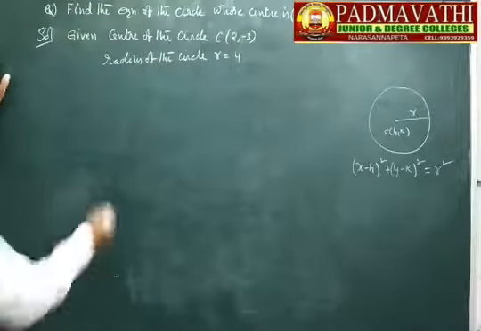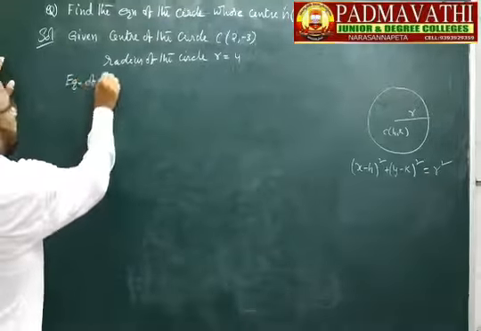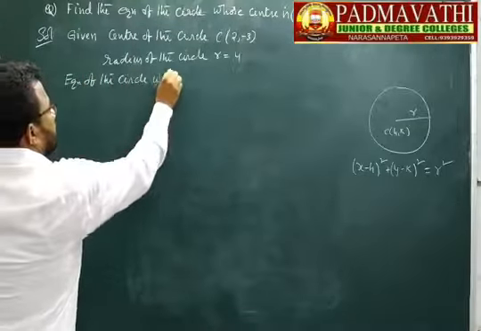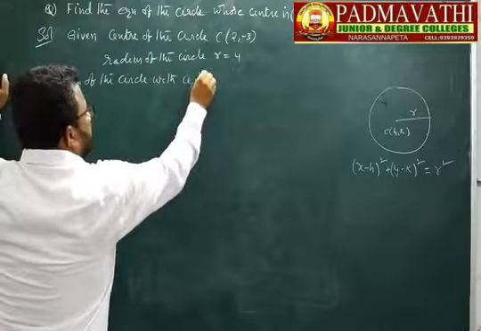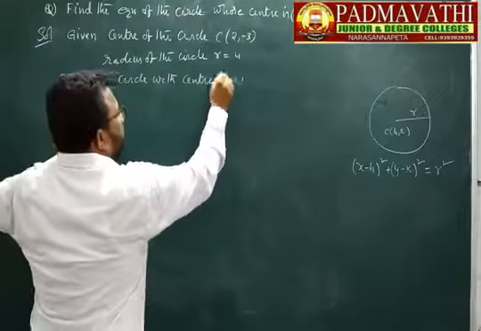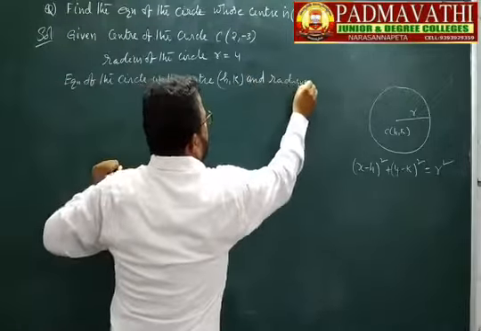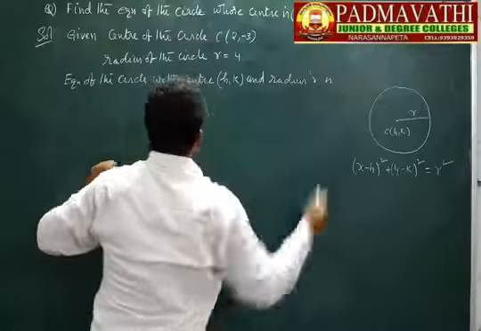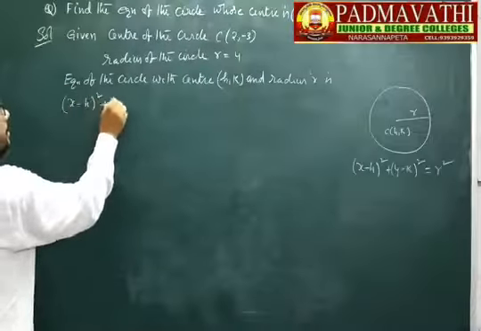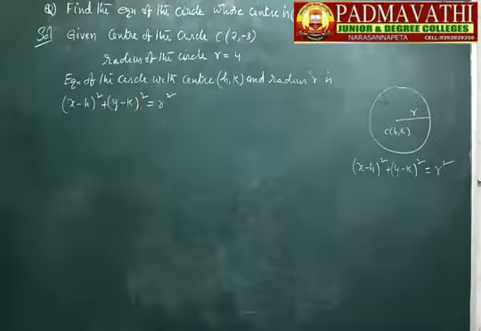We know the formula: the equation of the circle with center (h, k) and radius r is (x - h)² + (y - k)² = r².